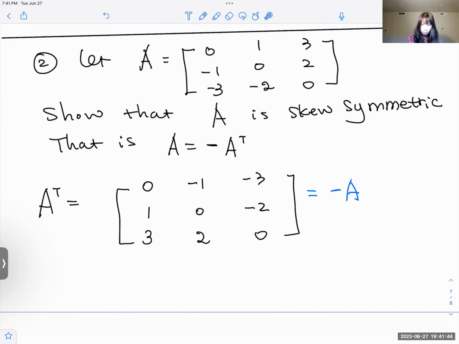Because we multiply by the scalar negative 1, then we get the negative part, right? So that is okay. Very good. All right. Any question?